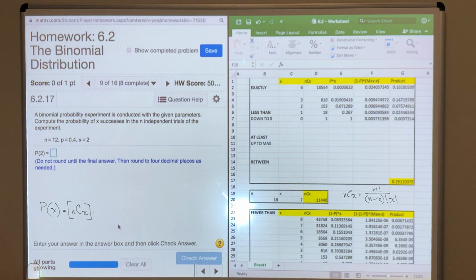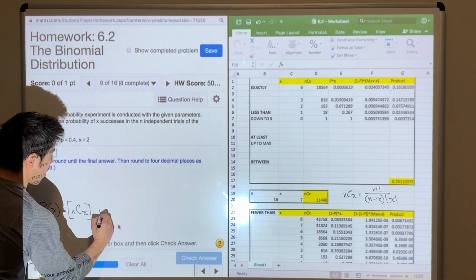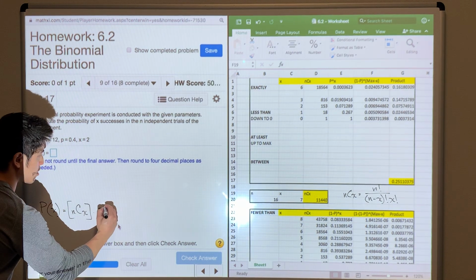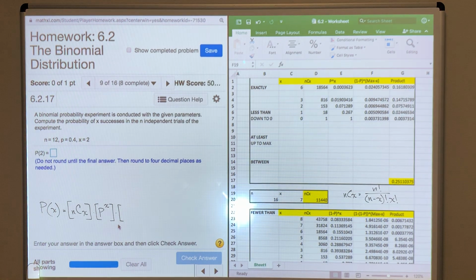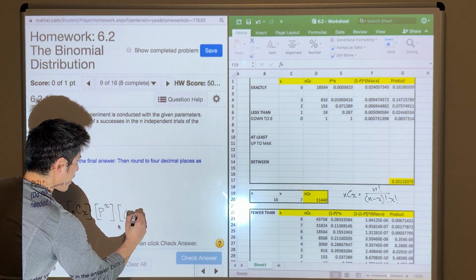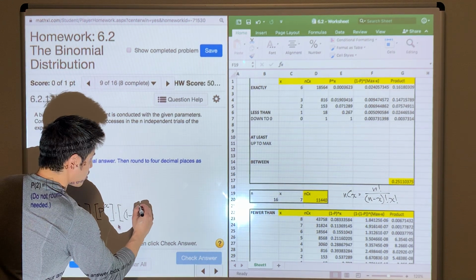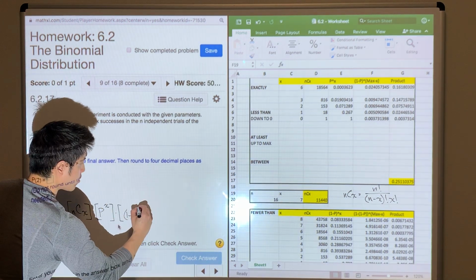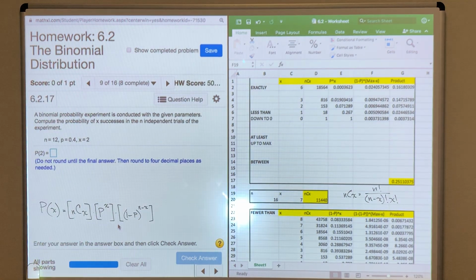Then, you're going to need to take the probability that's given to you and raise it to that X power. Then, you're going to need to take 1 minus the probability and raise that to the N value minus X. Okay, and that is your formula.